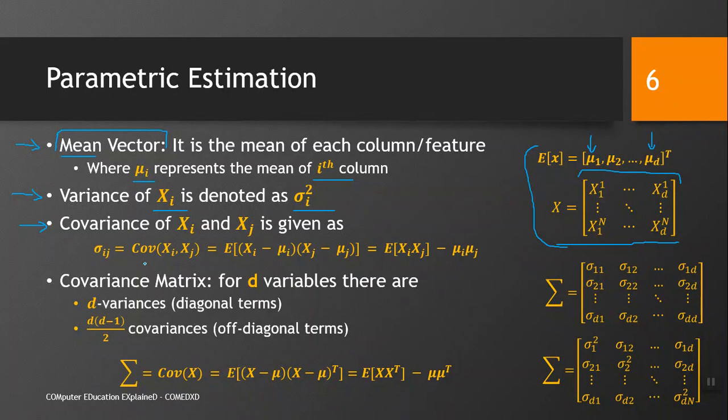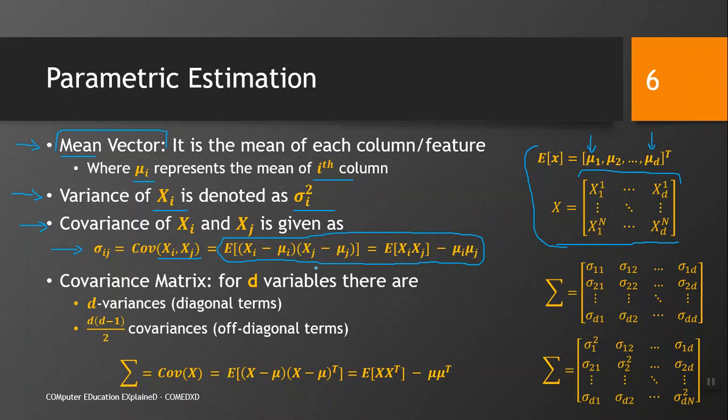So the covariance means the variance between two variables or two features xi and xj, which can be calculated with the help of this formula.